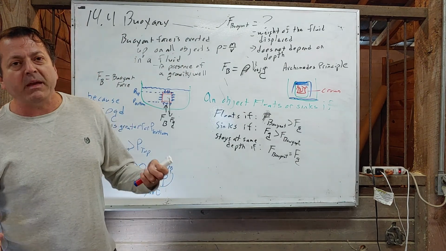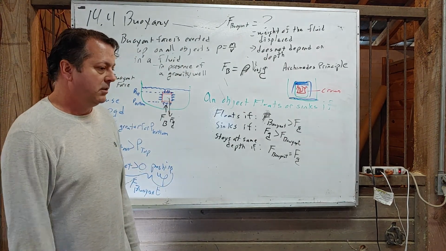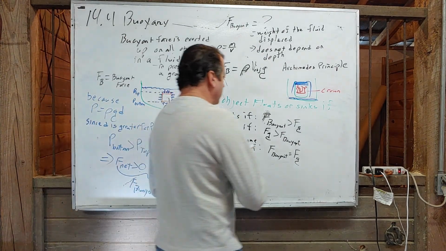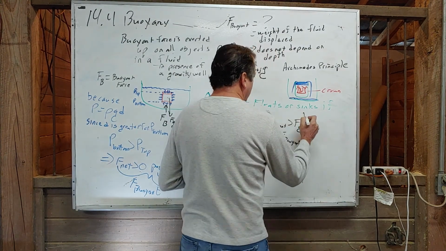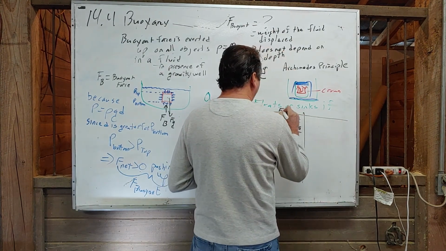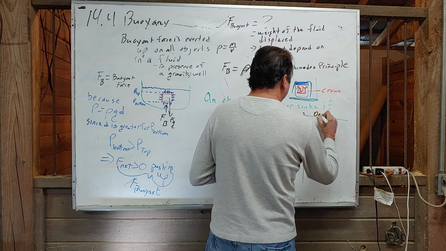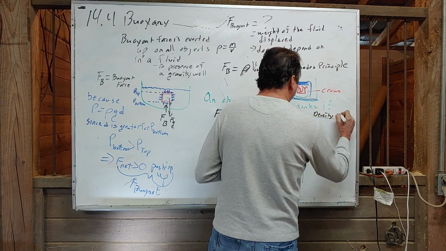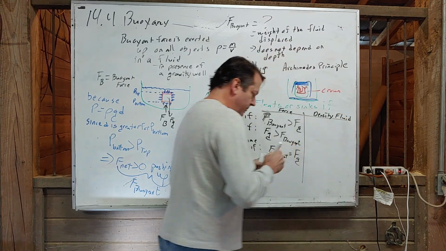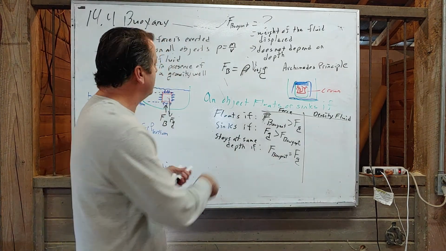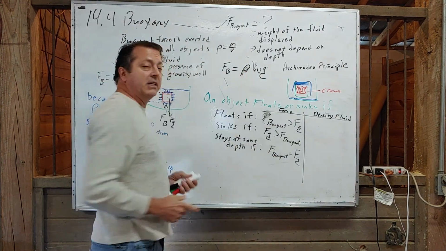Now, you may also have seen this in terms of density. I'll put this in terms of force. In terms of density of the fluid, you have to look at it like this, because buoyant force is proportional to the density of the fluid.